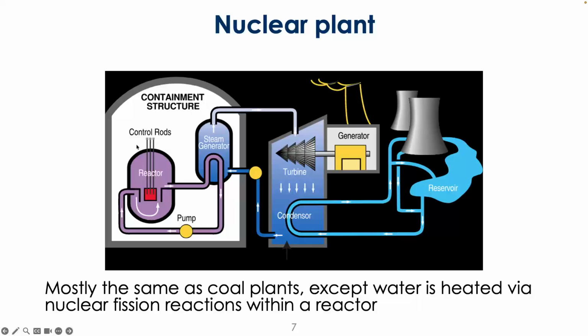In your containment structure in the nuclear reactor, you have uranium that is undergoing fission in order to generate heat. That heats up water in another separate containment loop that then heats up the water in the boiler.